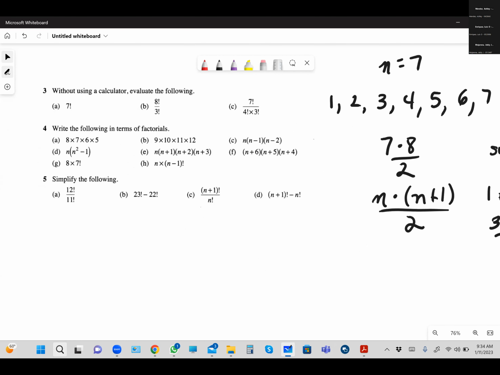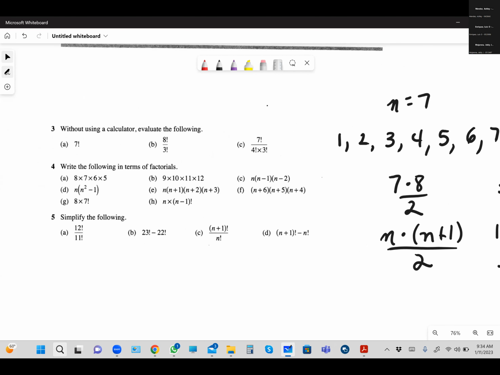All right. So now let me introduce to you the concept of factorial. Usually in class I'll go through it differently, but since I'm out here, I'm just going to go directly to the questions. Okay? Take a look at 7 right here. This means 7 factorial.